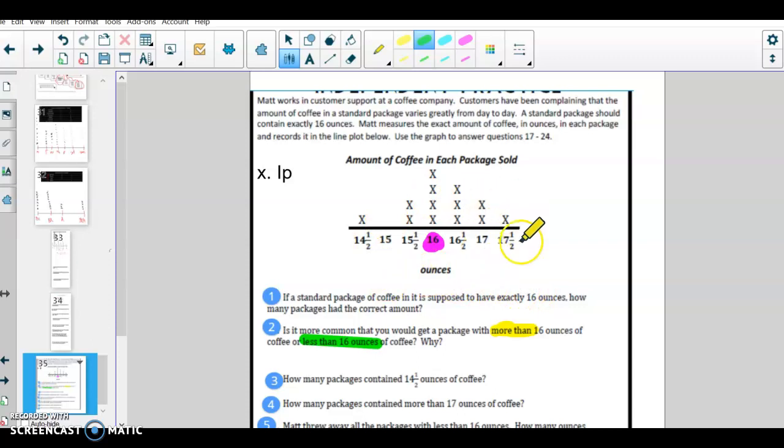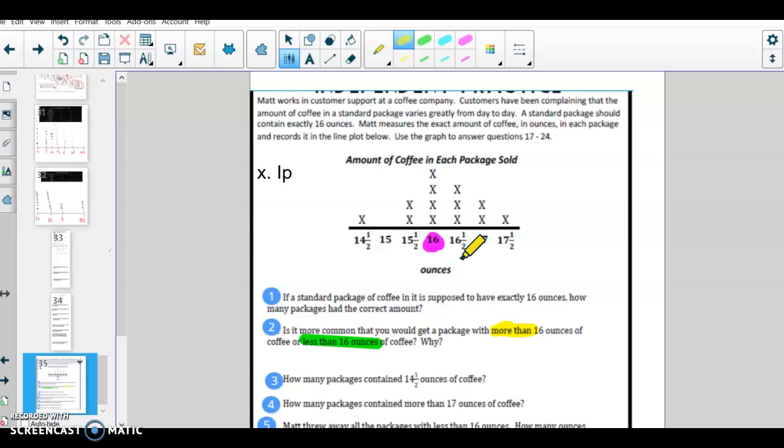So let's take a look here. I'm first going to find all of my packages that have more than 16 ounces. So I know that 16.5 is more than 16. Just like if somebody is 16 and someone is 16.5, the person who's 16.5 is a little older than someone who's 16.